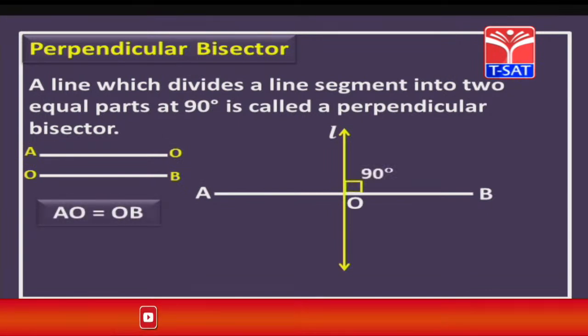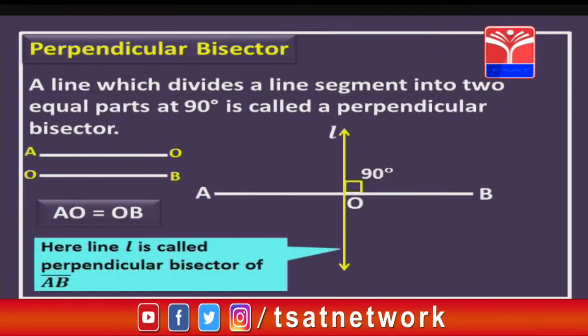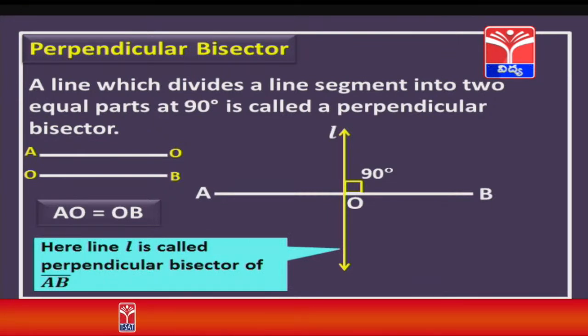Not only that, it makes an angle of 90 degrees with AB. Hence, we say L is a perpendicular bisector of AB, because it is dividing AB into two equal parts and also making an angle of 90 degrees with AB.